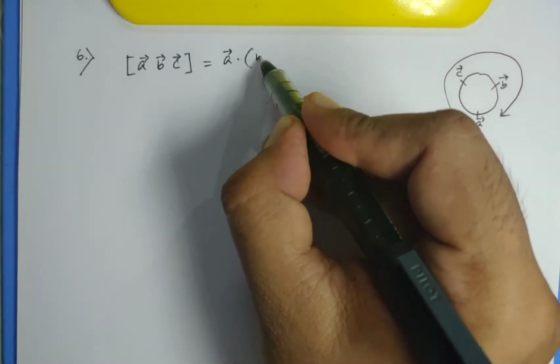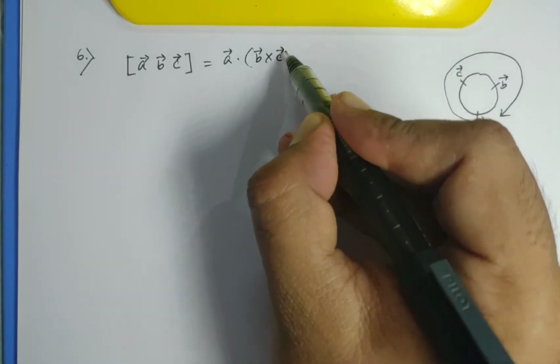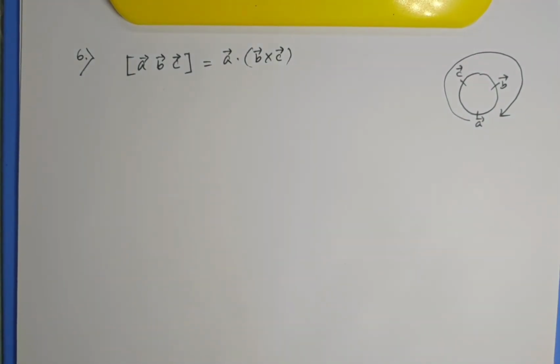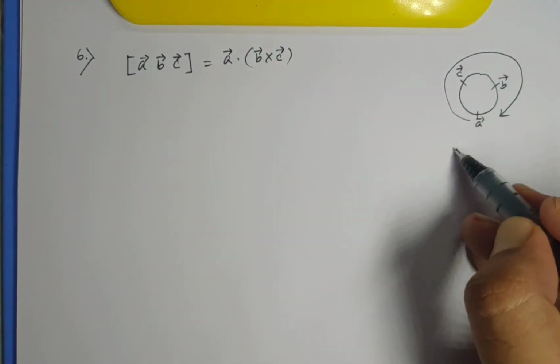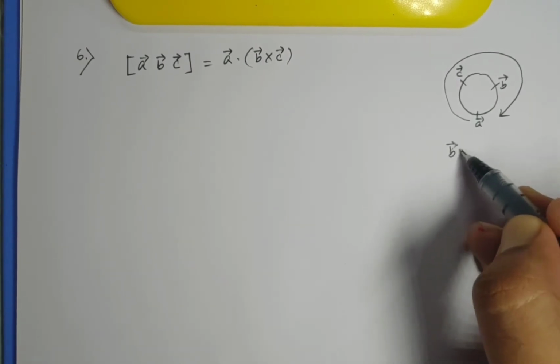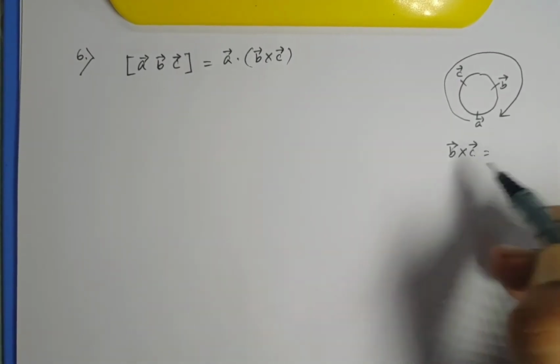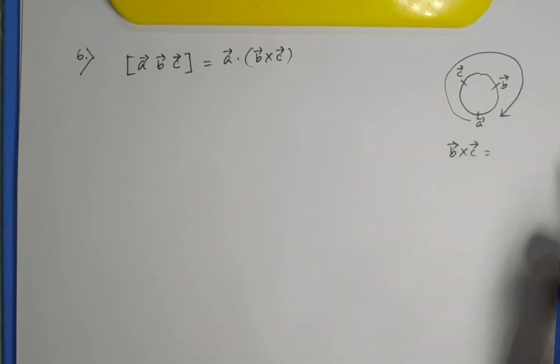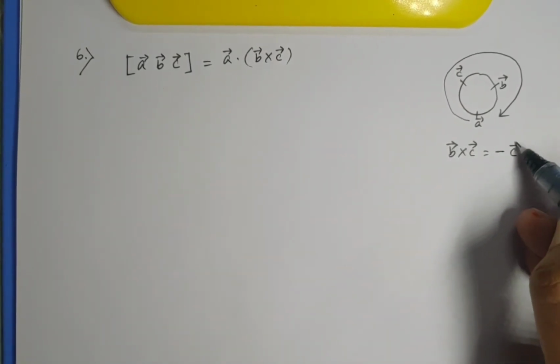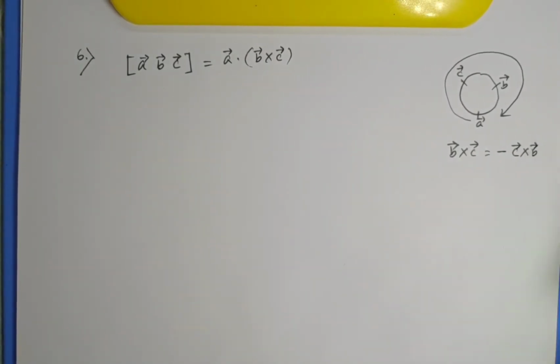So ABC, can you tell me, is A dot B cross C? Yes or no? Yes. Now, I think we have done this before in the cross product: cross product is not commutative. So B cross C is minus of C cross B, right?